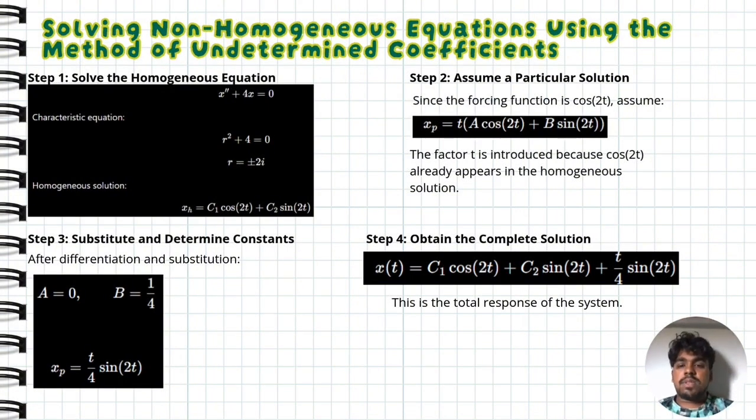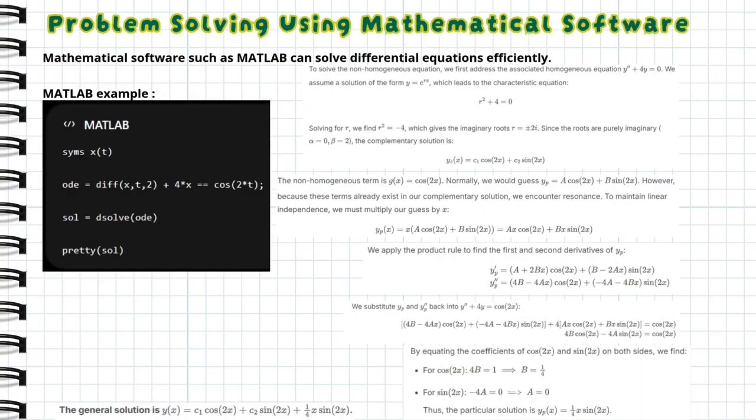Third, substitute and determine the constants. After differentiation and substitution, a equals 0 and b equals 1 over 4. So xp equals t over 4 sin 2t. And fourth, obtain the complete solution, which is x(t) equals c1 cos 2t plus c2 sin 2t plus t over 4 sin 2t. This is the total response of the system.